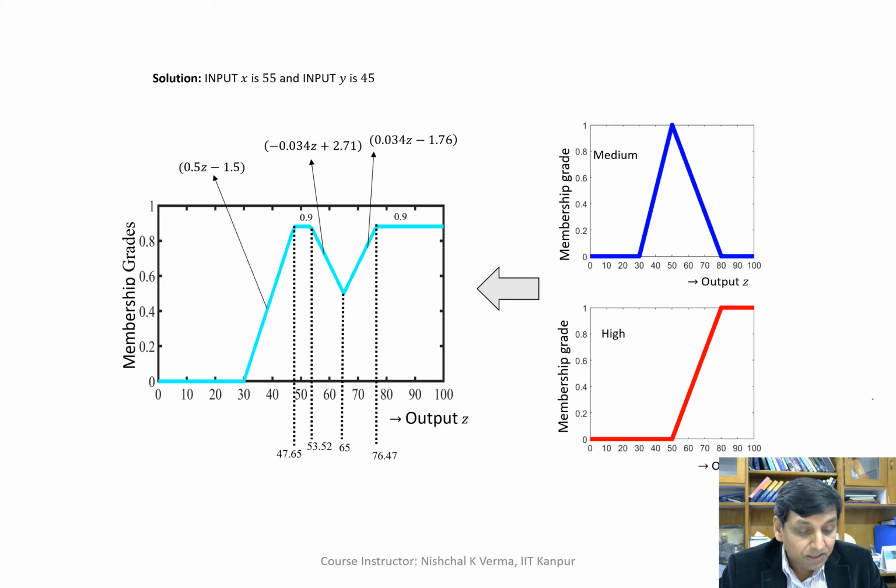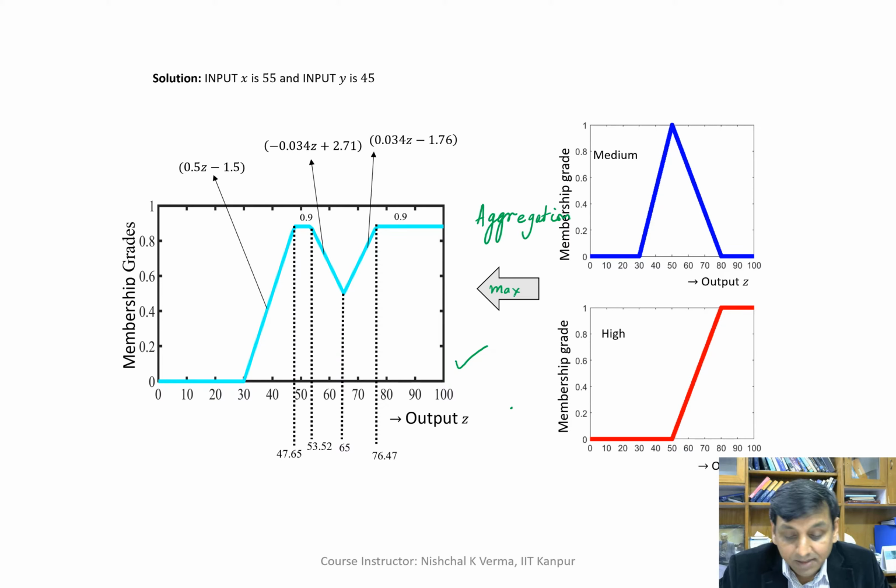Now since we have the output from both the rules, since only two rules are applicable here, further we aggregate these rules. I am writing here the aggregation of the outputs, and what we do here is we take the max of the two, which means we take the maximum, the union of these.